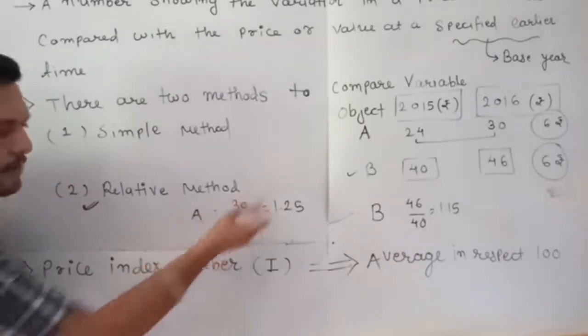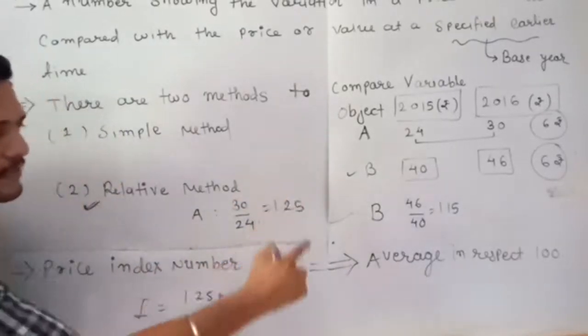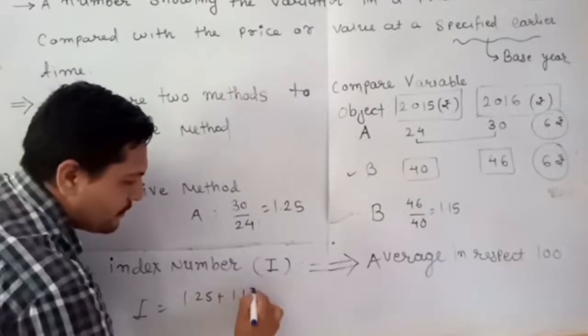30 divided by 24 gives the answer 1.25, plus 46 divided by 40 gives the answer 1.15.